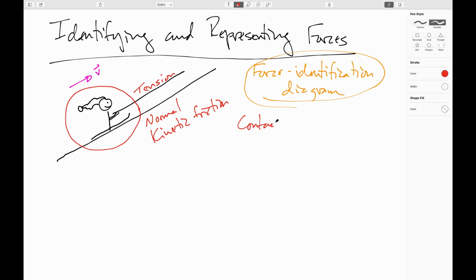We have contact forces of tension, normal force, and kinetic friction. And I'm using reasonably standard notation here for these.